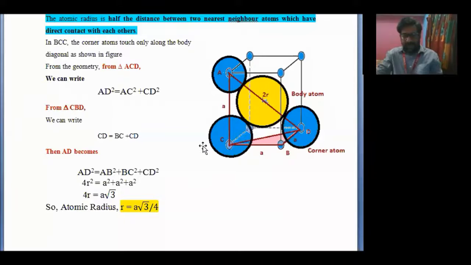So from triangle CDB, we can write CD the whole square is equal to BC the whole square plus BD the whole square.